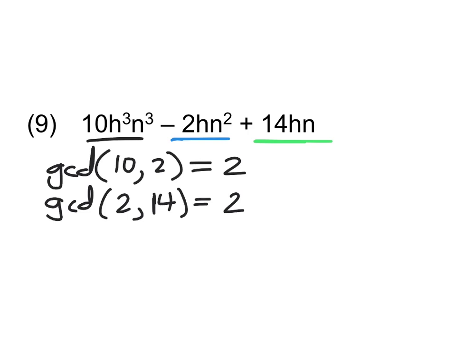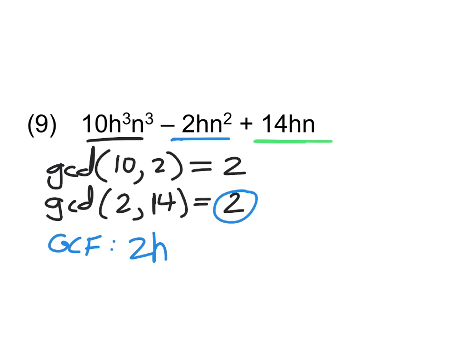All right. So we know that. Now to get the full-blown GCF, we know it's going to involve a 2 from that. Now I'm just going to look across my exponents. I have h's everywhere. If a variable isn't present in each term, we disregard it. All right. So we have h's in each term. What is the lowest power of h? H to the first.